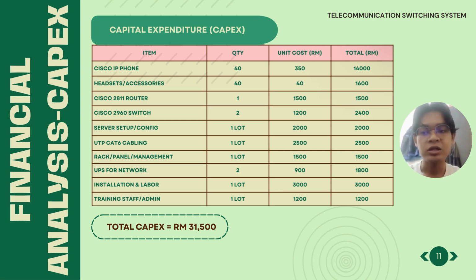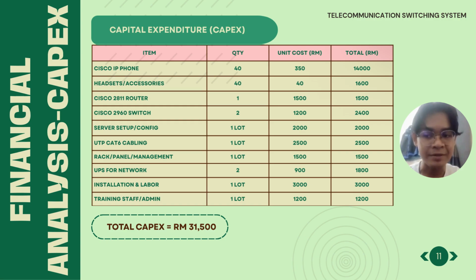The largest cost is 14 Cisco IP phones, which cost 14,000 ringgit, because every staff member requires an IP phone for communication. We also allocate 1,500 ringgit for a Cisco 2911 router and 2,400 ringgit for the two Cisco 2960 switches to provide network connectivity.